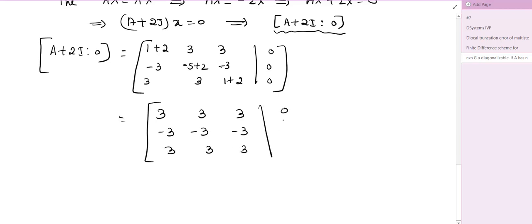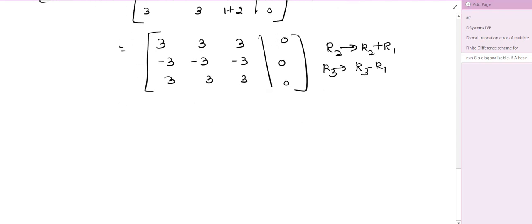To do the row transformation, R2 changes to R2 plus R1 and R3 changes to R3 minus R1. By doing this, we get 3, 3, and here it is 0, 0, 0, and then 3 minus 3 will also be 0.